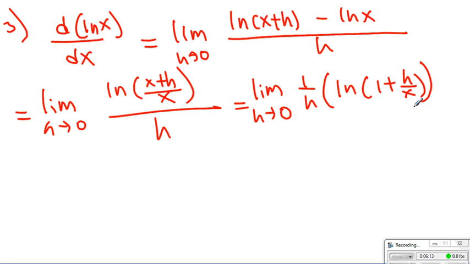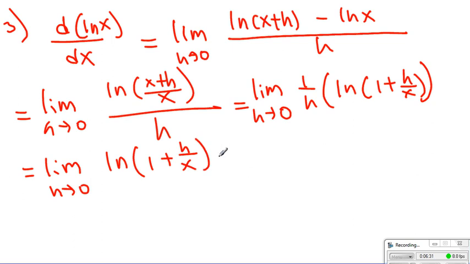Once you look into this, by the power rule of the logarithm, we can rewrite this as the limit as h approaches 0 of ln of (1 plus h over x) to the 1 over h power.